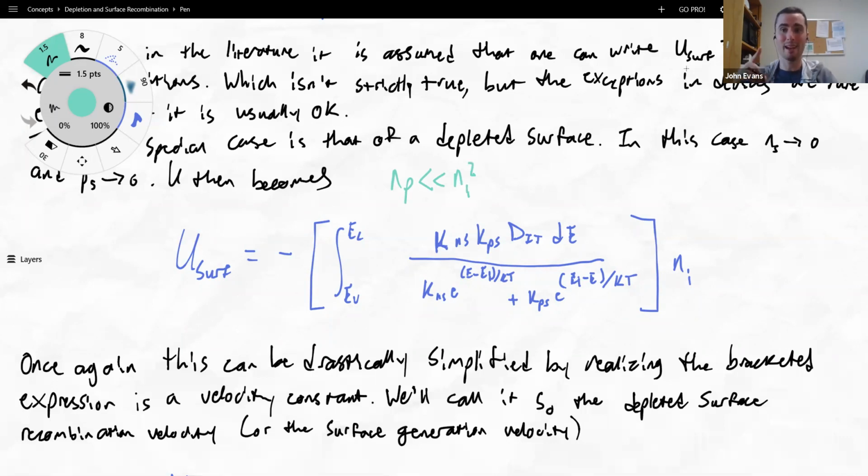Which means that we are in a region, and it kind of makes sense because we're saying it's depleted, in which we are actually going to get more generation processes than we get recombination processes. So in that case, we have a minus sign here because we're looking at a recombination rate. So the opposite of that is the generation. So that S sub naught is sometimes also called the surface generation velocity.